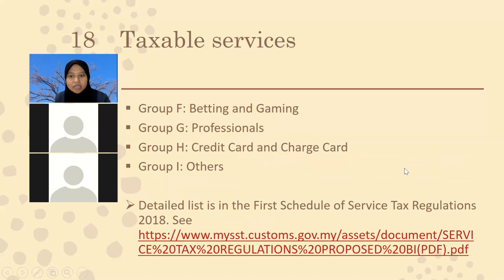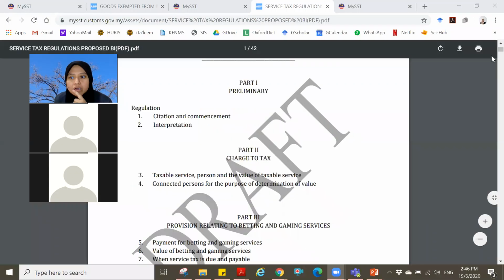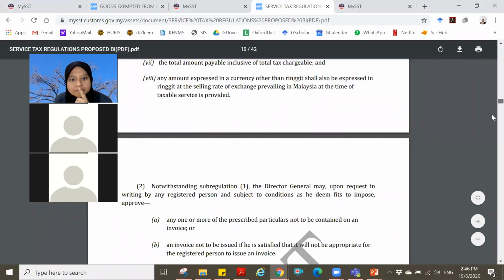Okay, let's have a look at this service tax regulation.